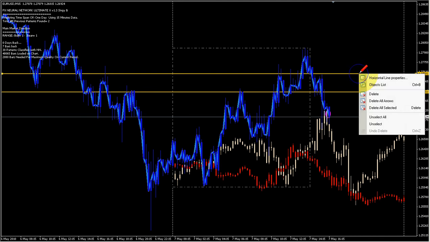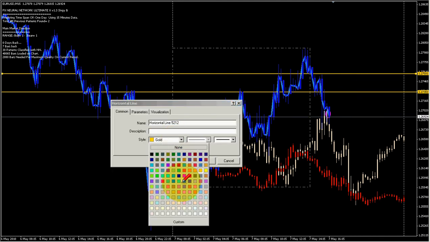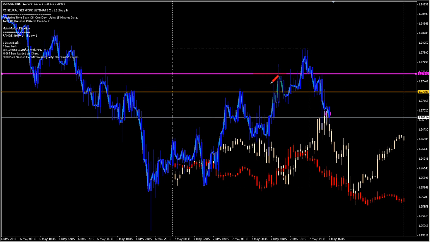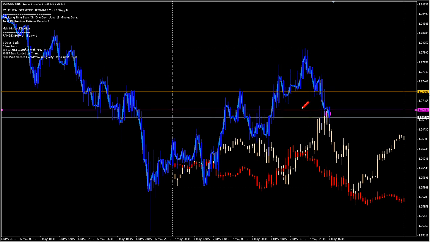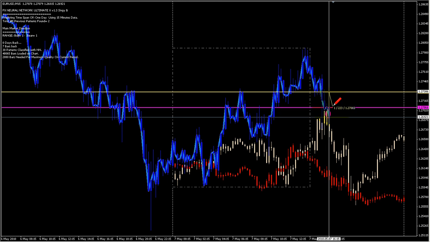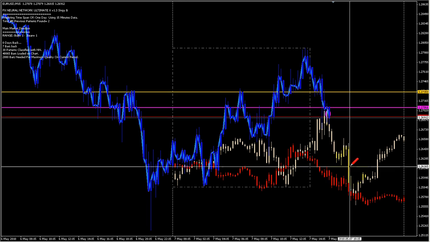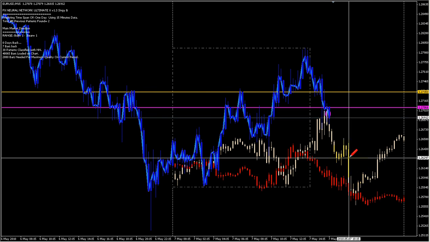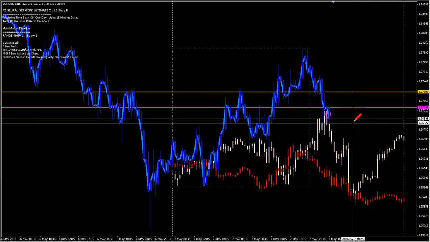That was one entry, and the exit on that one was 127.066, about there, more or less. So you can see that was about 23 pips, and that was riding the second leg down, meaning this one right here.